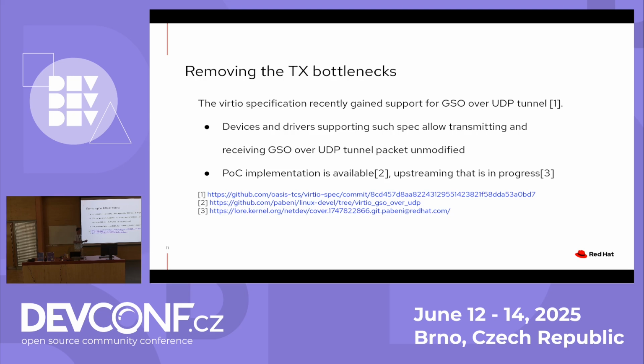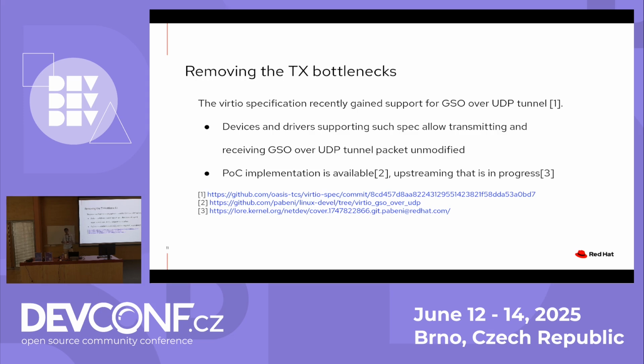So the obvious step is to introduce the support in the specification and implement it in the device. And actually, the specification has been recently updated, and there is a proof of concept implementation of that specification, and the upstreaming into the Linux kernel of that implementation is a work in progress.